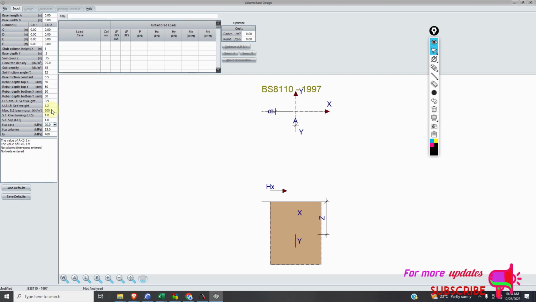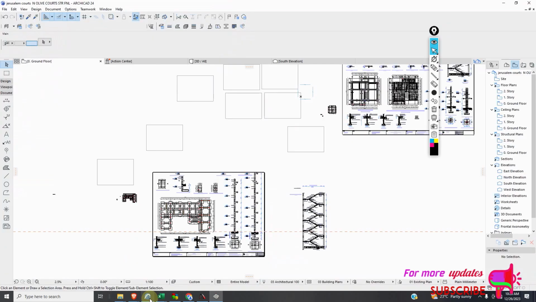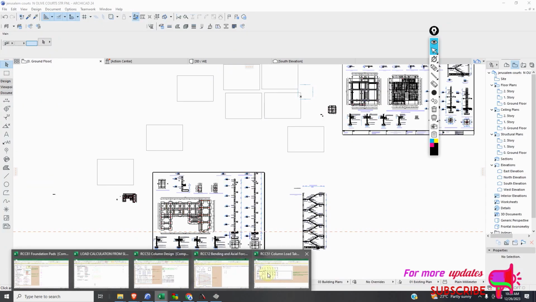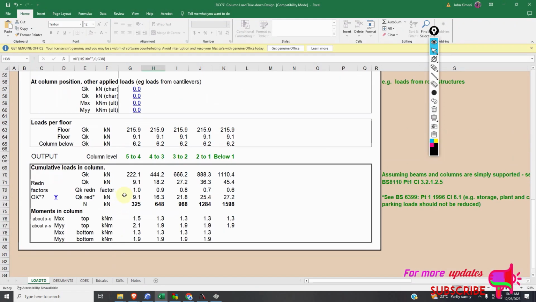Then overturning one, the maximum serviceability, that is the load that has been carried down, maximum is maybe 1,000. So from our load takedown, you can see it's even more than 1,000, right? That is unfactored load. So from our load takedown, link this one. This is unfactored cumulative load, right?